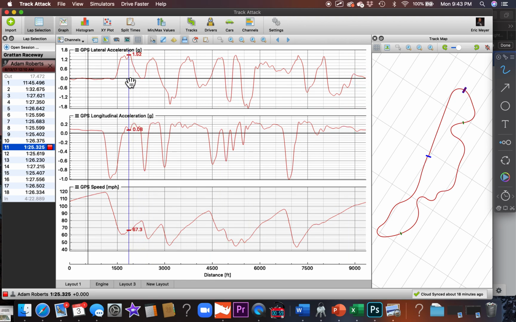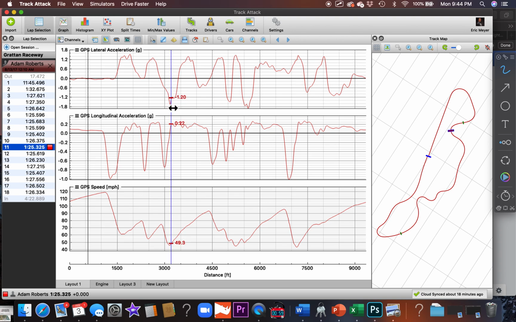And that means that these other values are lateral loads. And the center of these, I want you to look at the track map over here. Track map, lat trace. Ready? Look at the track map and look at the lat trace. See how we're on the center of the corners? Now what about down in here?